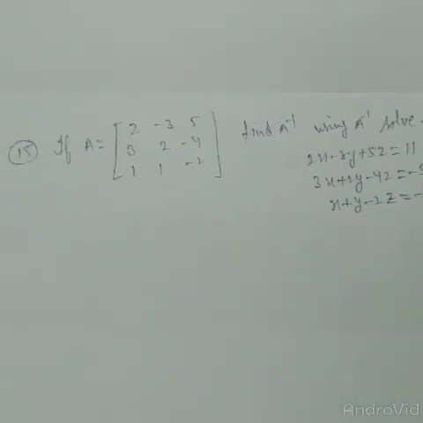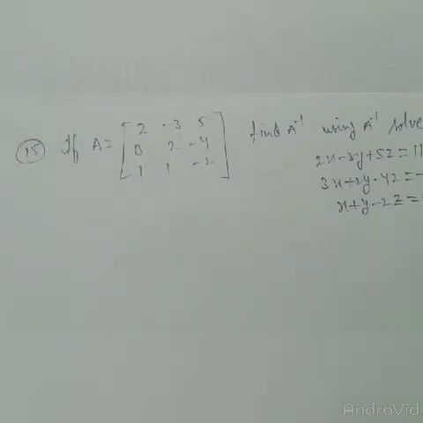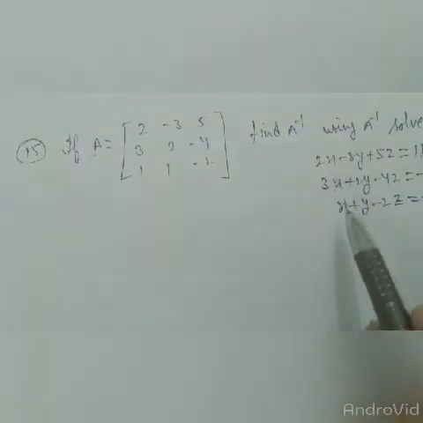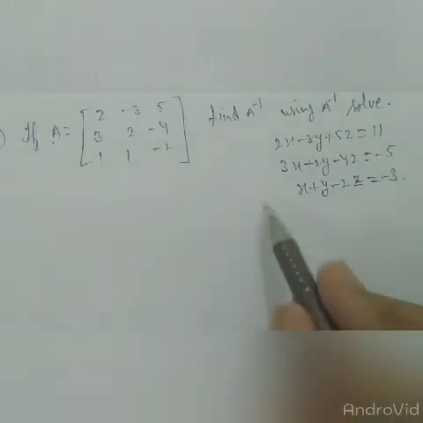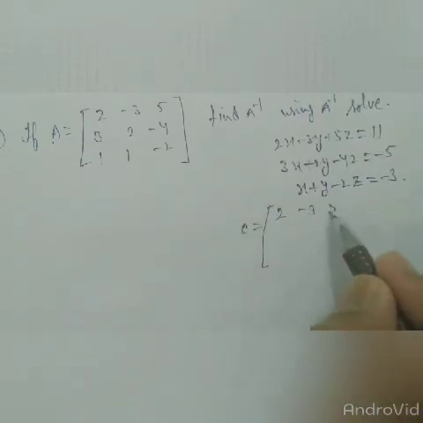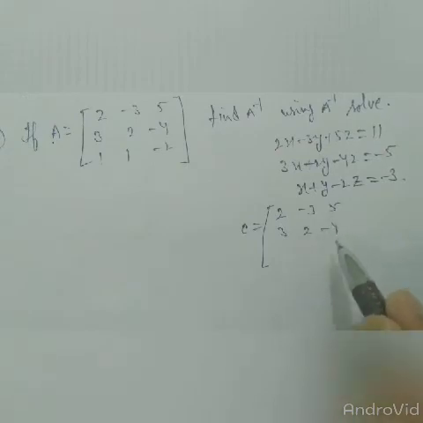In this type of question, first of all we have to find the inverse of that matrix and correlate this A matrix with the given matrix. Let me take this as C matrix. Matrix C is 2, minus 3, 5, 3, 2, minus 4, 1, 1, minus 2.